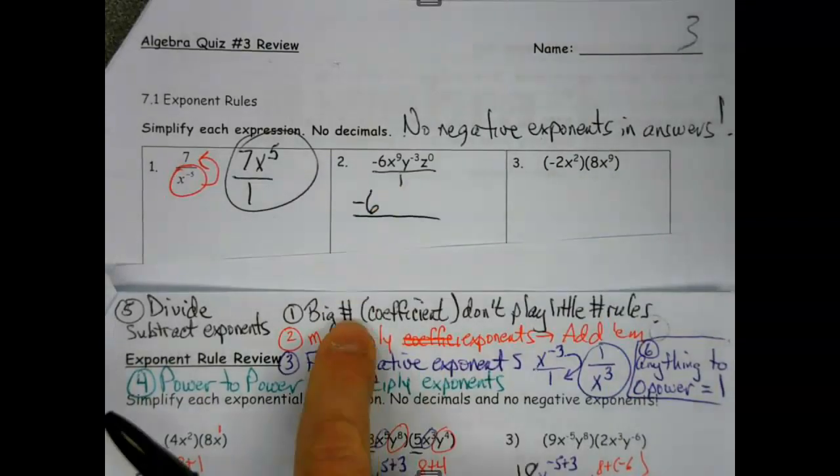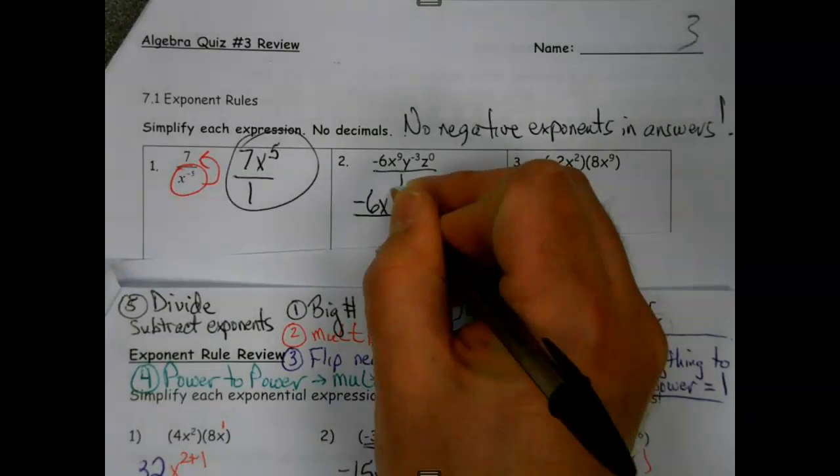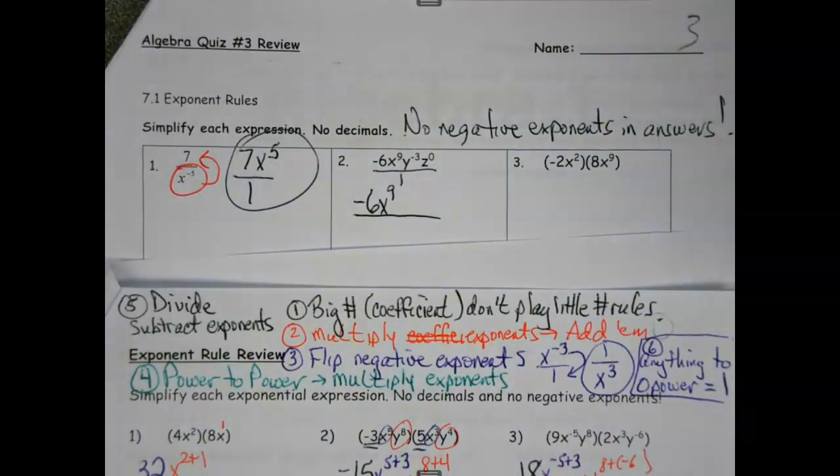First rule, again, remember, big numbers, the coefficients, like this -6, don't play by little number rules. In other words, I don't flip that? No, it doesn't have an exponent. Leave it alone. X to the 9th is behaving itself. Leave it alone.